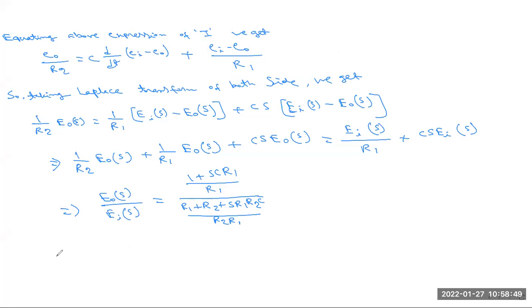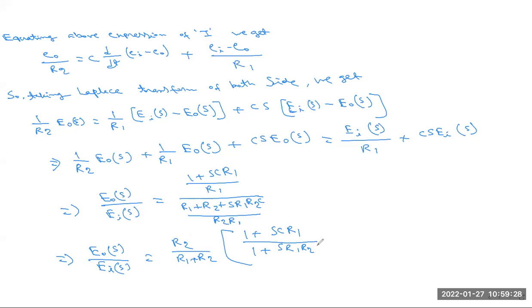So now we write E output of the system divided by input of the system equals R2 by (R1 plus R2), times (1 plus SCR1) by (1 plus S R1 R2 C by (R1 plus R2)).